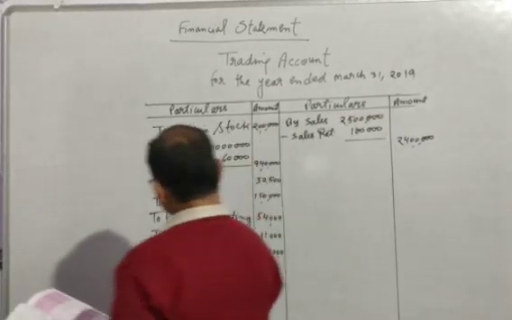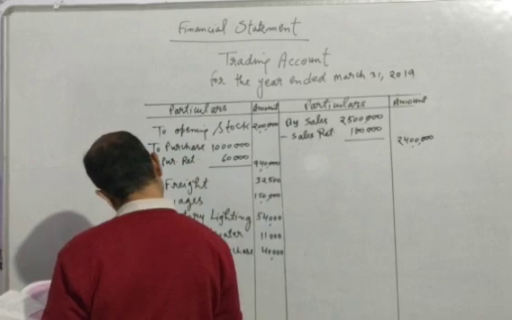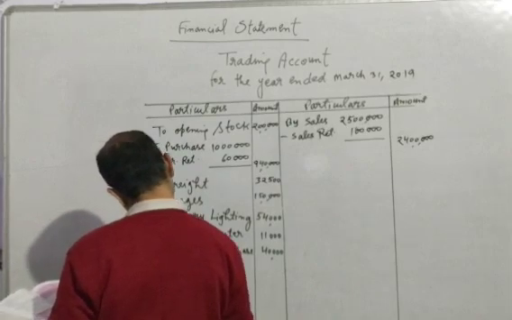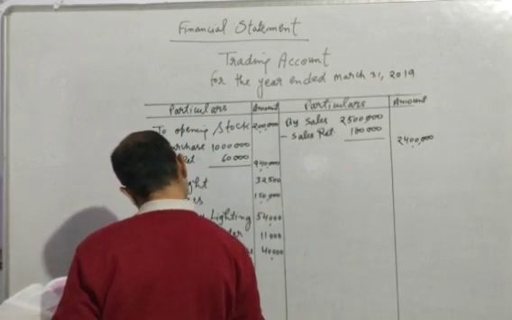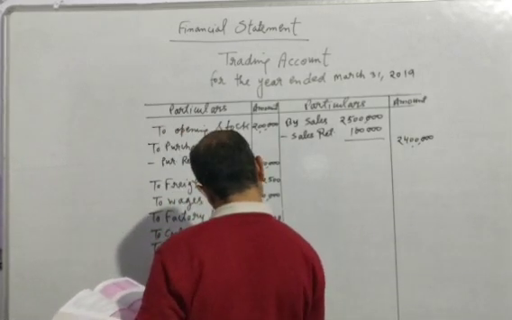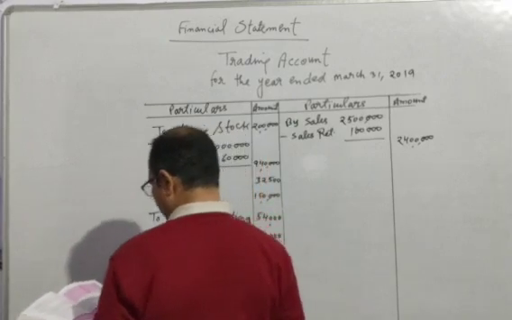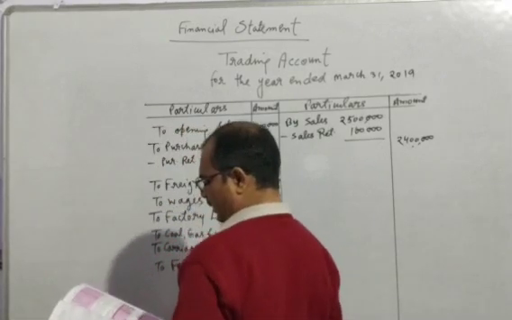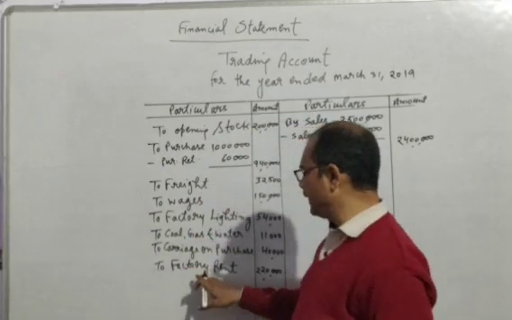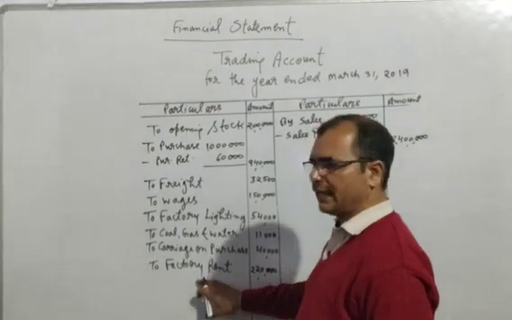Next expense given is factory rent, 2,20,000. And office rent. All the expenses related to the factory will come in the trading account because they are direct expenses.